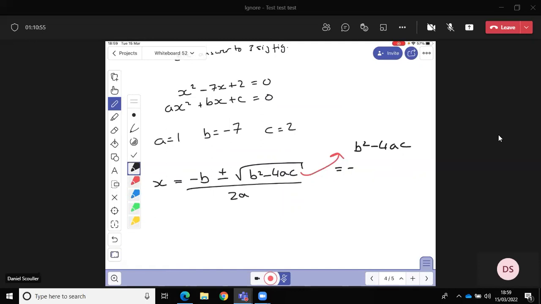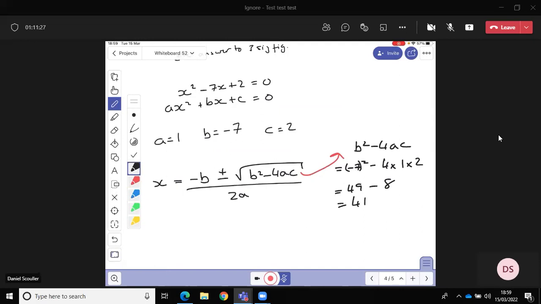So b is negative 7, and we're squaring that. Put that in a wee bracket, so we know we're squaring that whole thing. Minus 4 multiplied by 1 multiplied by 2. A negative number squared, so negative 7 multiplied by negative 7. Two negatives make a positive, so that's going to give you a positive 49. Minus 4 times 1 times 2, that's minus 8. So that's going to be positive 41.